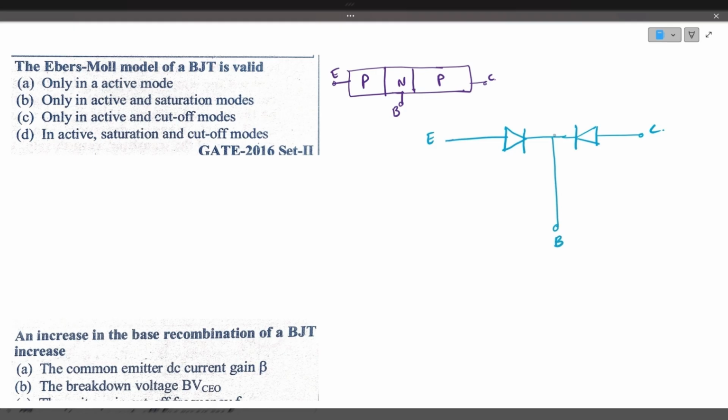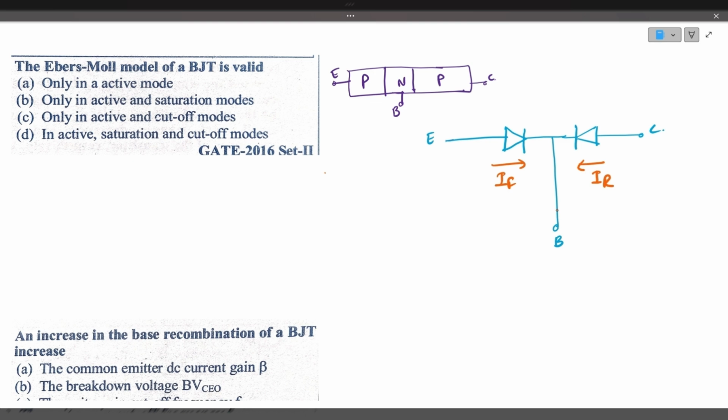But we need to write the current components also. There are 4 current components. This is the forward current IF. These current components are very important. As the diode is facing this side, there will be a current component in this direction also, called the reverse current component IR. And this forward current gets amplified and projects out at the collector.